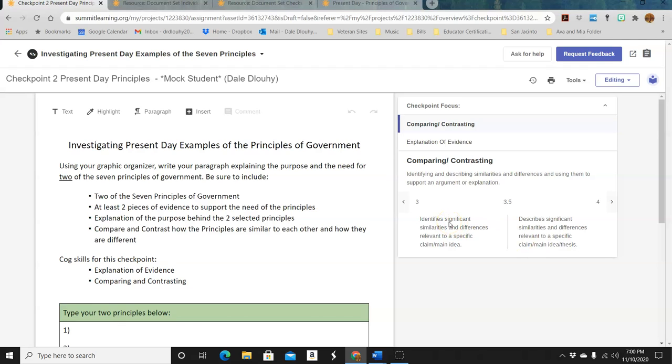You identify. Identify is just to say this is different from this. Describing means to go into detail, okay? To get a 5, that's a lot more. You describe significant similarities and differences. Describing means you explain in detail, in a couple sentences at least. And then it goes on to say, explains in a limited way why the similarities and differences are meaningful within the frame of reference. In other words, you have to connect the two ideas and talk about why they're important in our lives today.